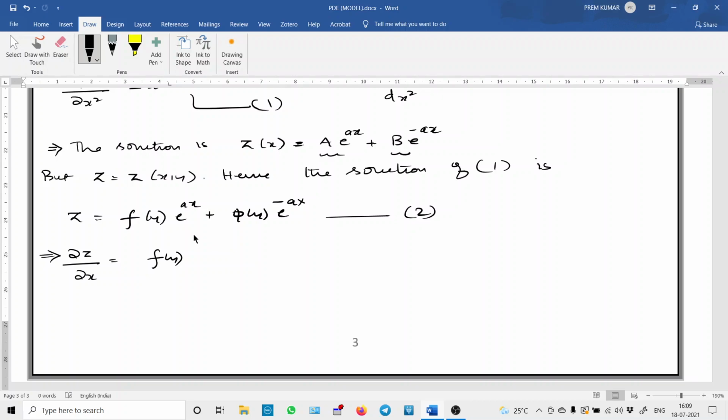And similarly, what is ∂z/∂y? Now f is a variable in y, and the exponential is a constant. So f(y) differentiated with respect to y is f′(y) e^(ax) plus ψ′(y) e^(−ax), because we are differentiating with respect to y partially.